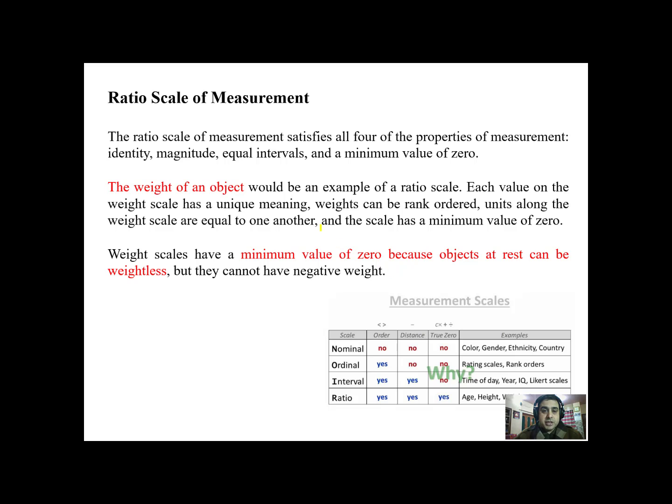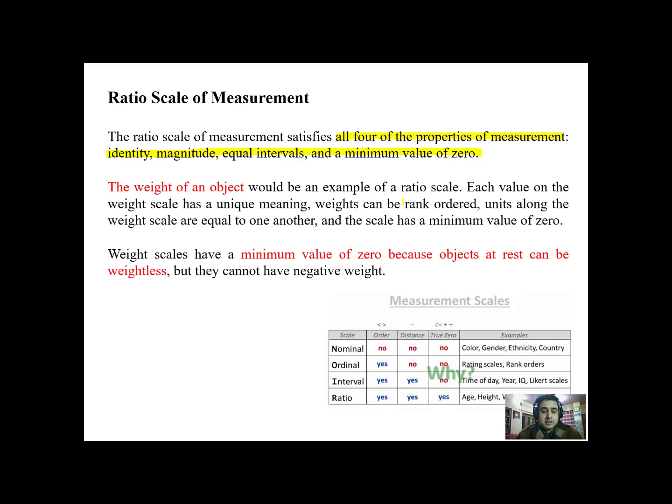Now coming towards the ratio scale of measurement, it possesses all four properties of measurement: identity, magnitude, equal intervals, and a minimum value of 0. As you already know, when a seed germinates, the plant doesn't have any height. When it starts germinating, it starts attaining height, starting from 0. So it has identity, which is height.